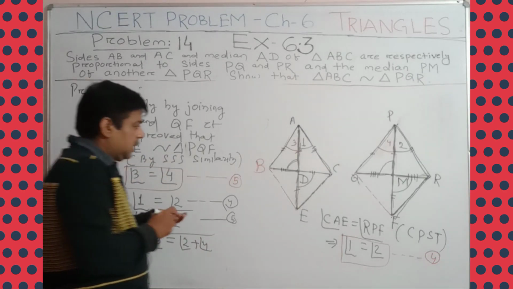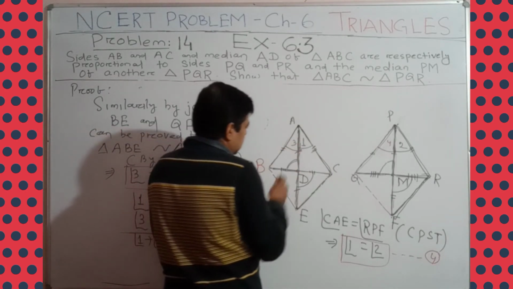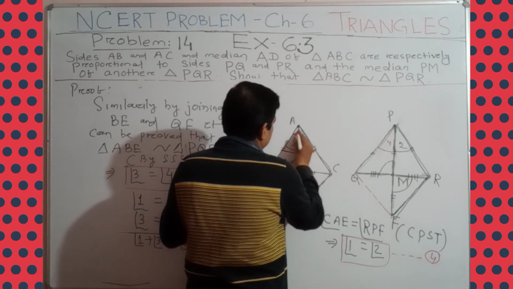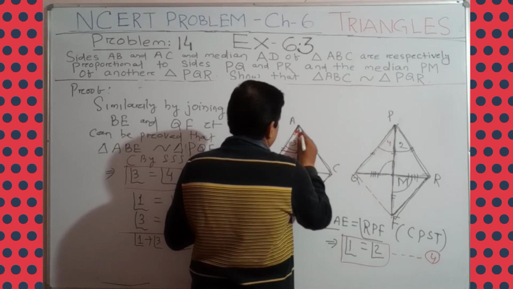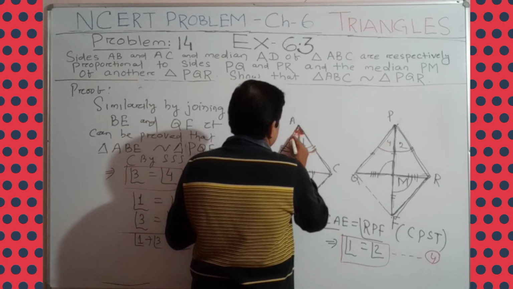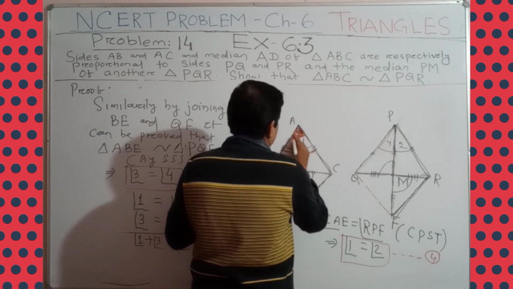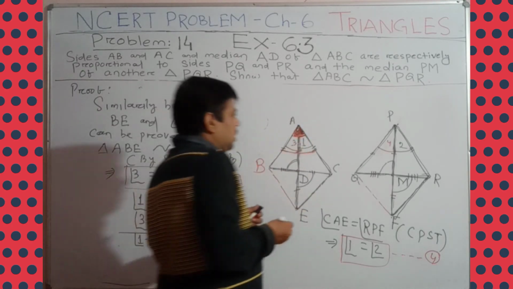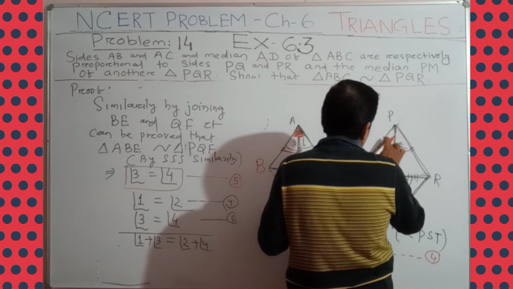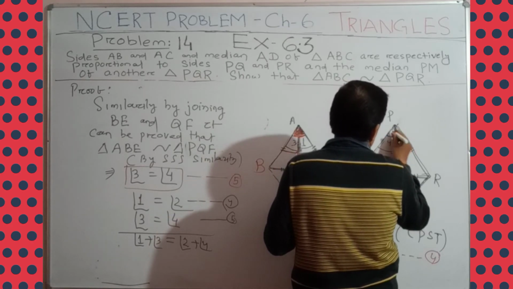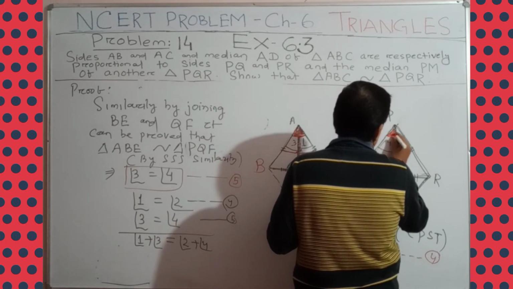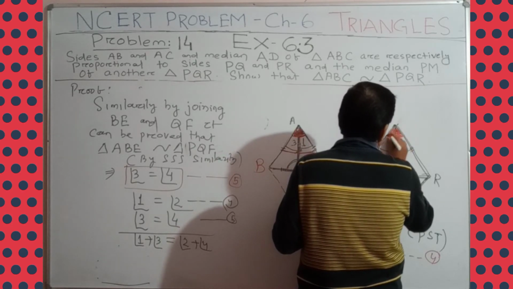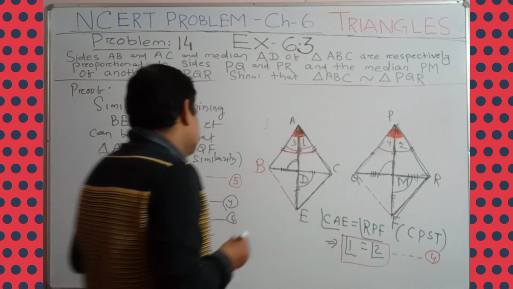And angle 1 plus angle 3 means which angle? We can get angle A, yes or no? Total angle we will get. Is it clear? Similarly, angle 2 plus angle 4, we can get which angle? Angle QPR.